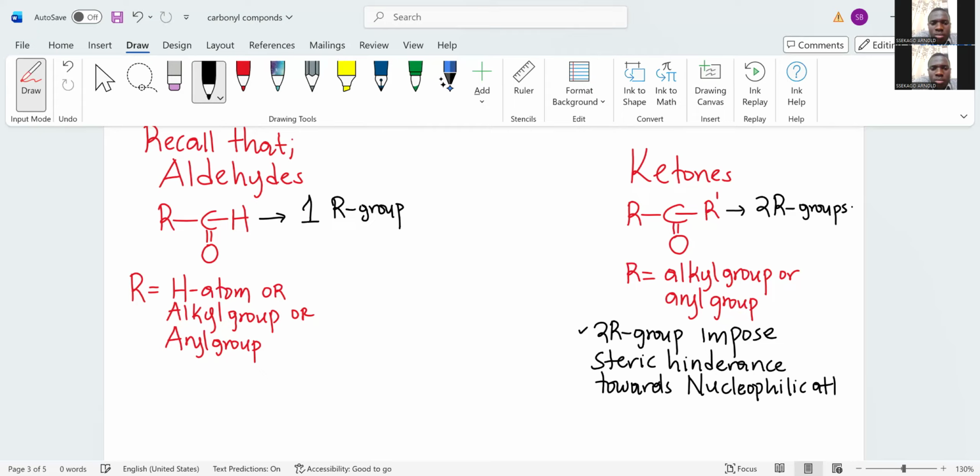But to make it a bit spicy, I'm going to say that two R groups impose much steric hindrance. Now, this is a new term, steric hindrance.